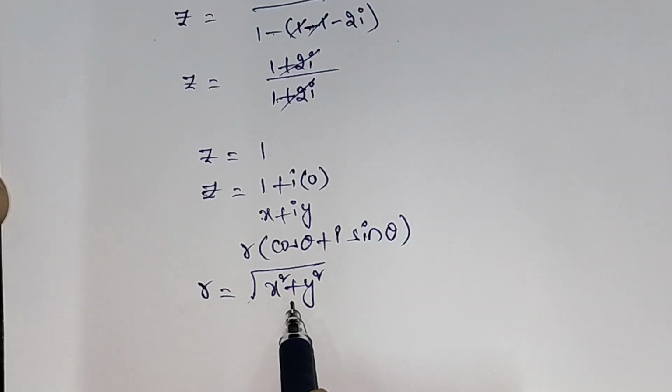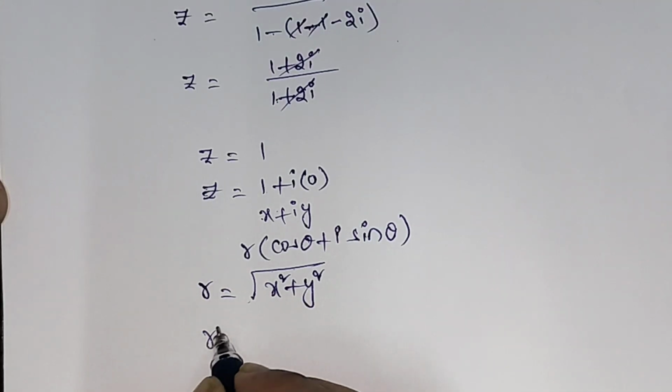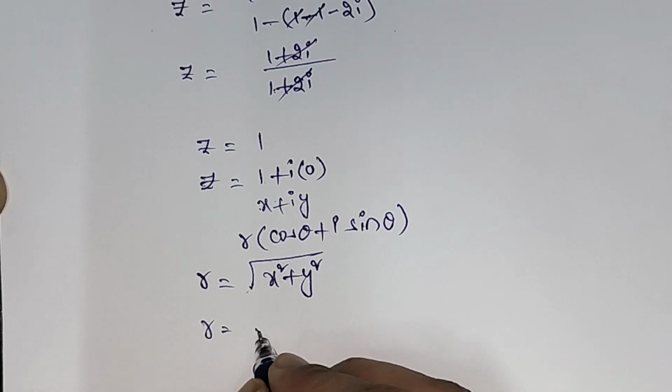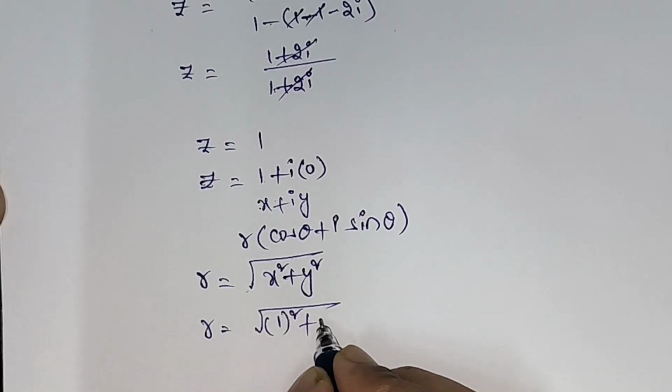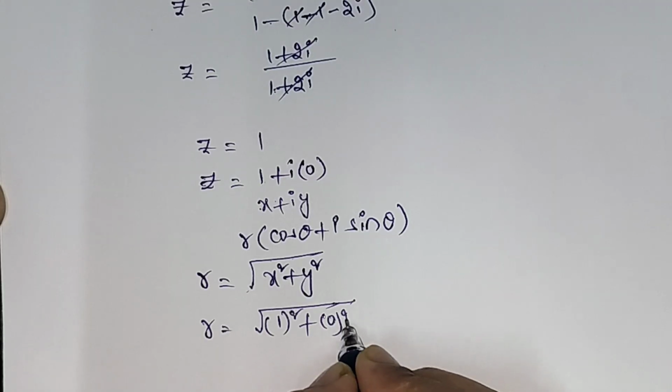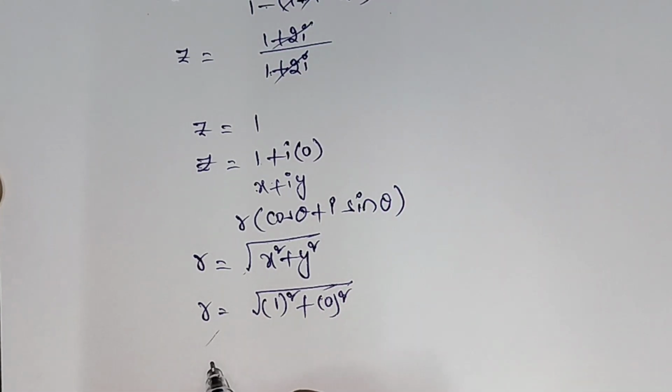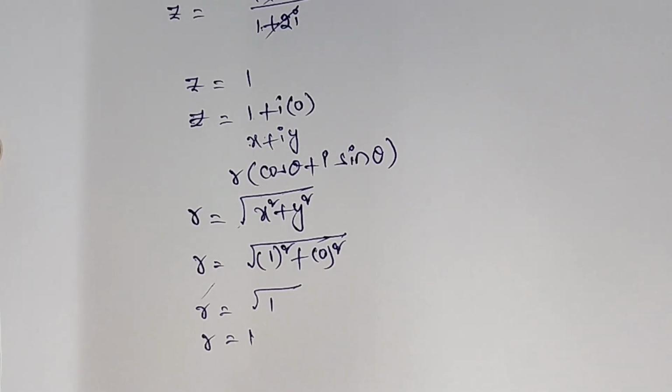So these two values we substitute. r is equal to under root of 1 square plus 0 square. r is equal to root 1. r is equal to 1.